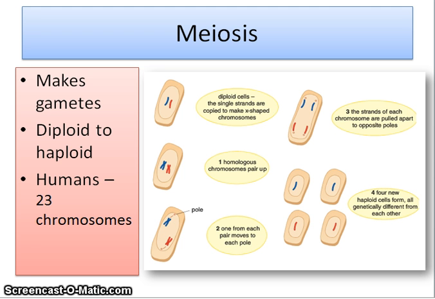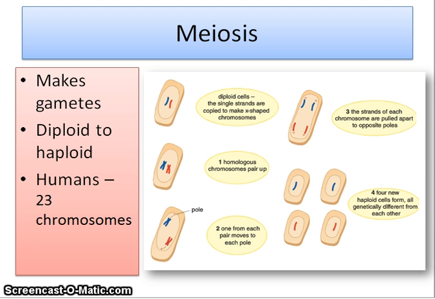Just before the cell divides by meiosis, copies of the genetic information are made just as they are before mitosis. So each chromosome has an exact copy of itself. However, in meiosis the cell divides twice, forming 4 gametes. Now that's one of the important differences between mitosis and meiosis. Mitosis produces 2 daughter cells, meiosis produces 4 gametes.